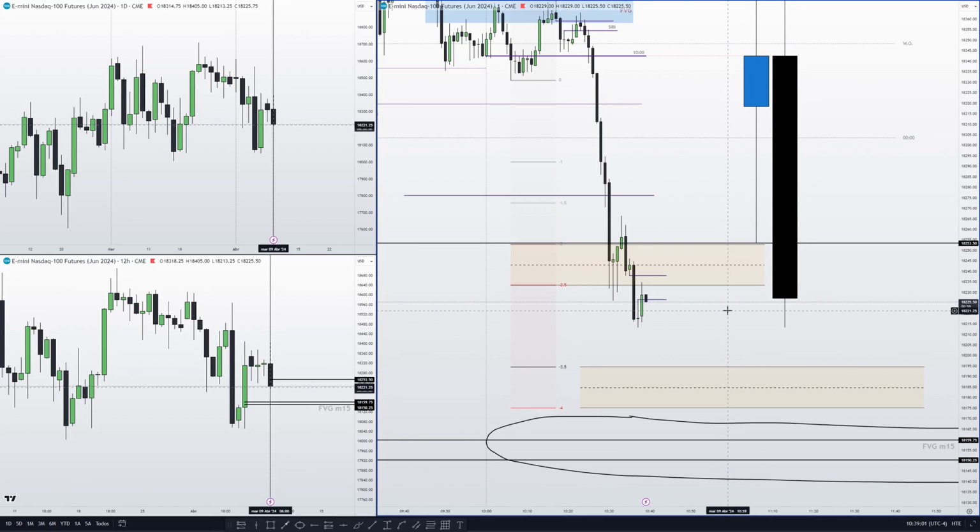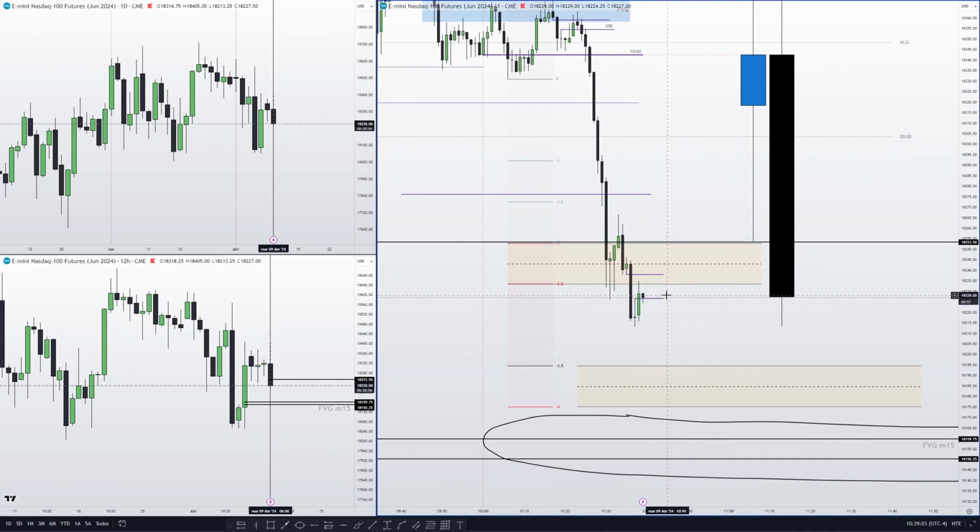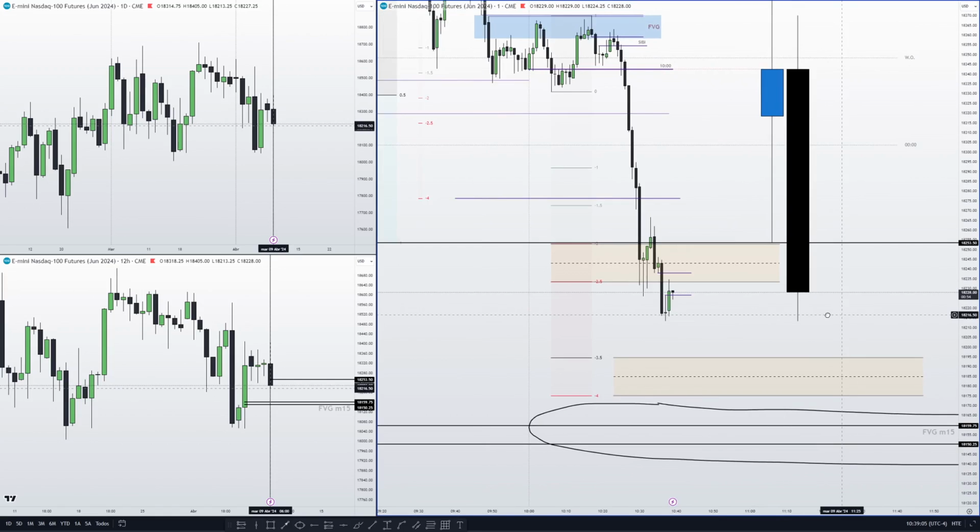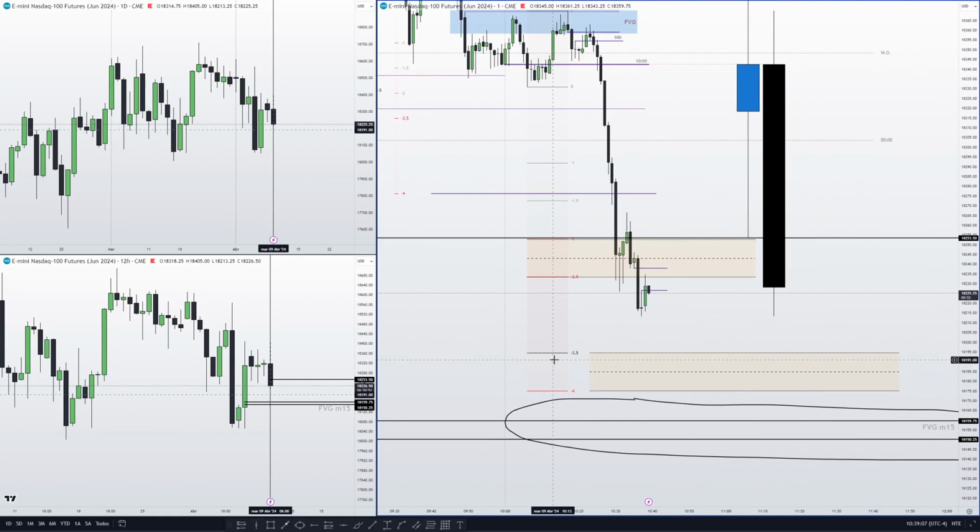Yeah, in theory, it's the second silver bullet zone here for moving to the 3.5 and 4 deviations.